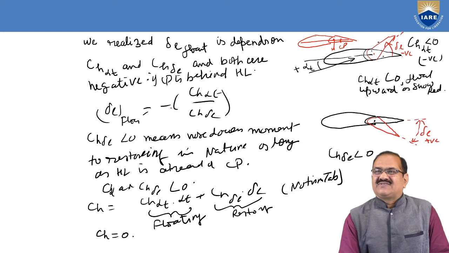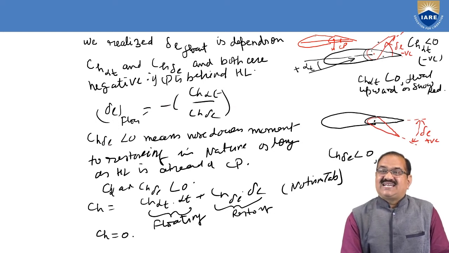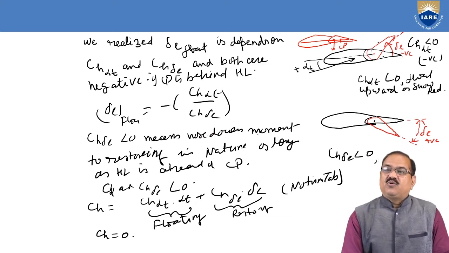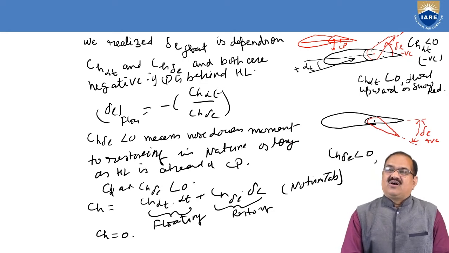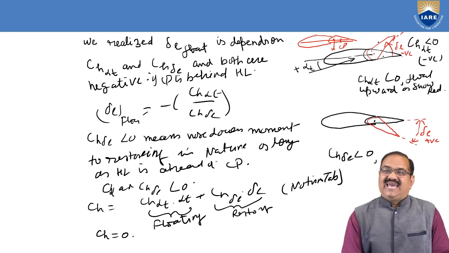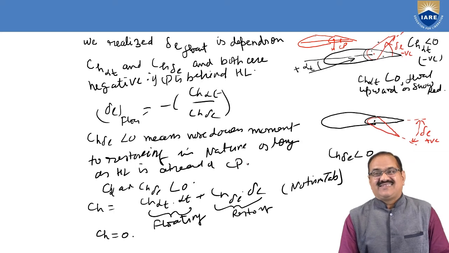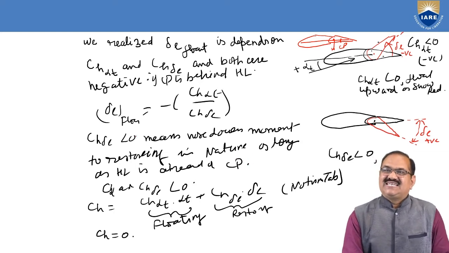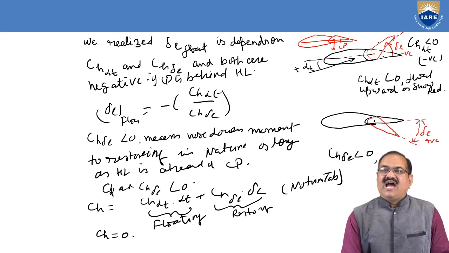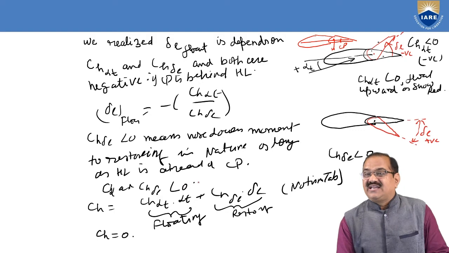This minus sign. So here CH delta E is less than 0, meaning a nose down moment, restoring in nature, as long as HL is ahead of CP. So if HL is ahead of the CP, CH delta E will be negative, and CH alpha T and CH delta T both are negative.